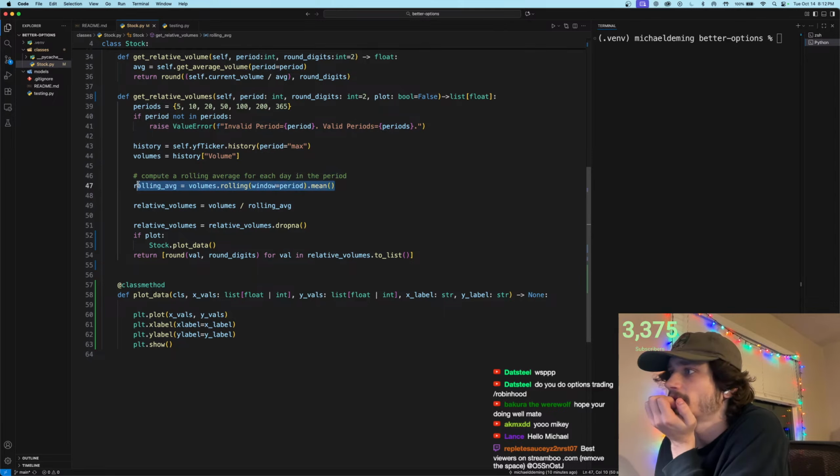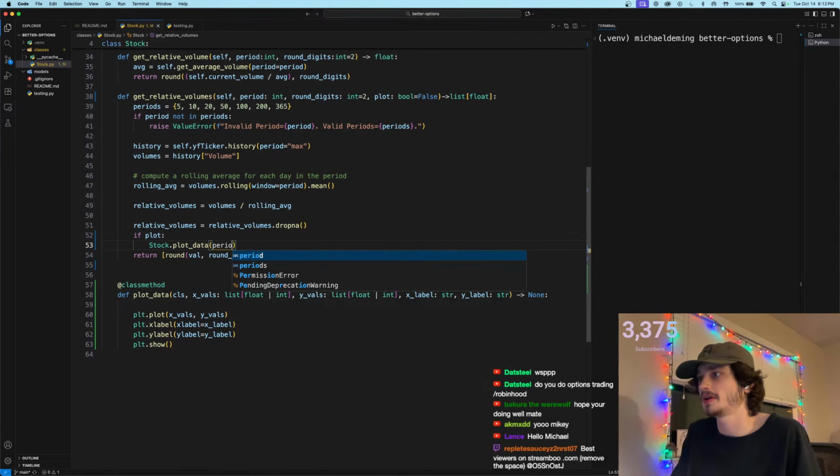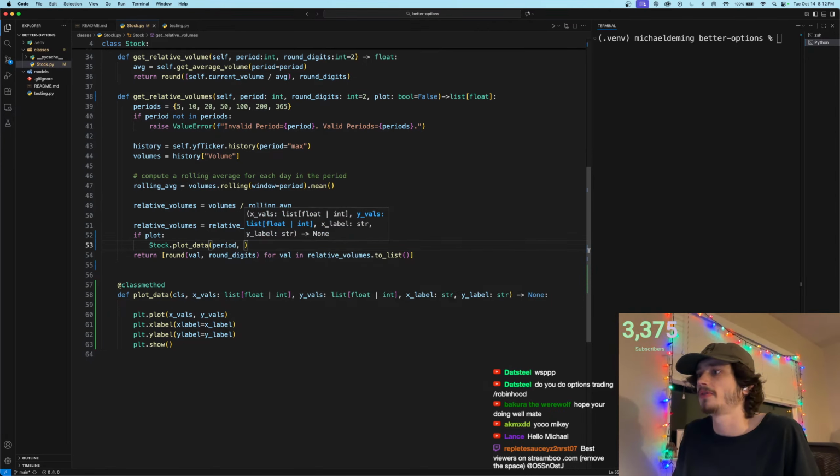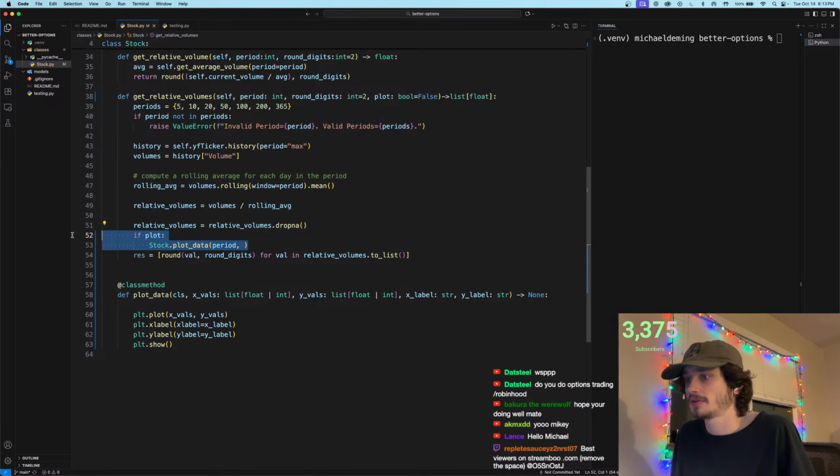It'd be the length of rolling averages or the period. So that's going to be the x data, and the y data is going to be the values. So the x data is going to be the period, and the y values is going to be the relative volumes. Or sorry, no. This is our result is equal to this.